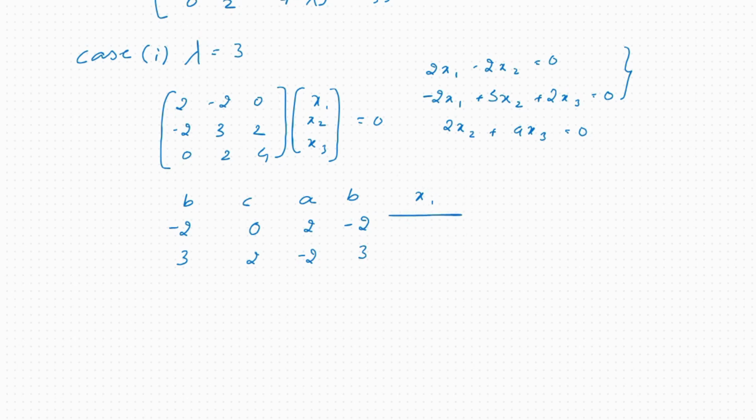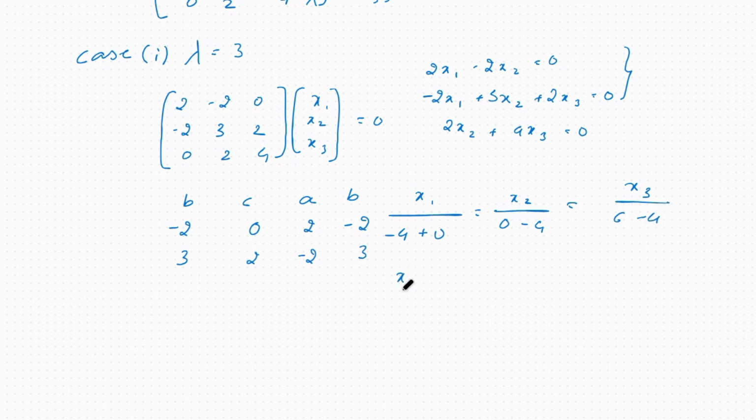Now let's solve this. X1 by minus 2 into plus 2 is minus 4 plus 0 is equal to x2 by solving C and A we will get x2, and by solving A and B we will get x3. 0 into minus 2 is 0 and minus 4 is equal to x3 by 2 into 3 is 6 and minus 2 into minus 2 is minus 4.